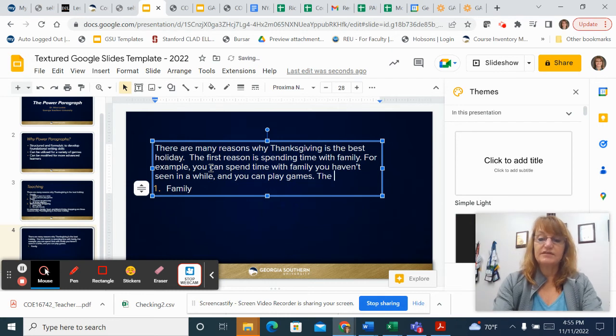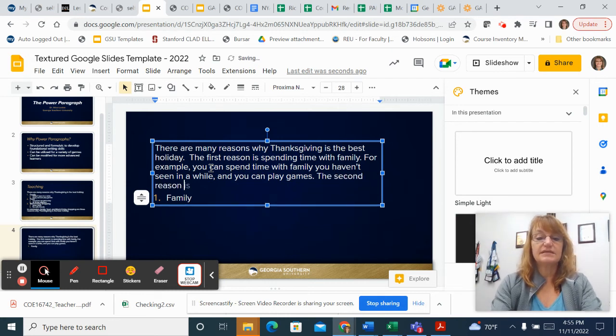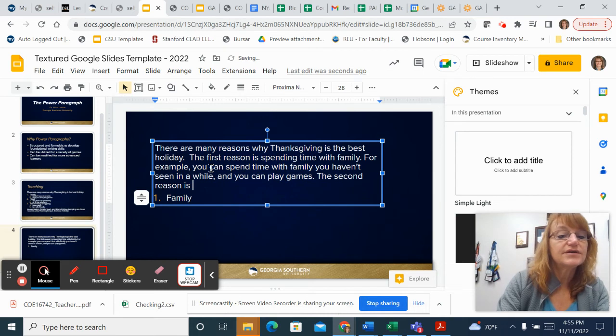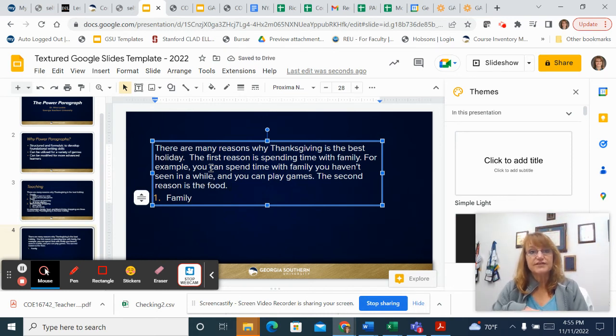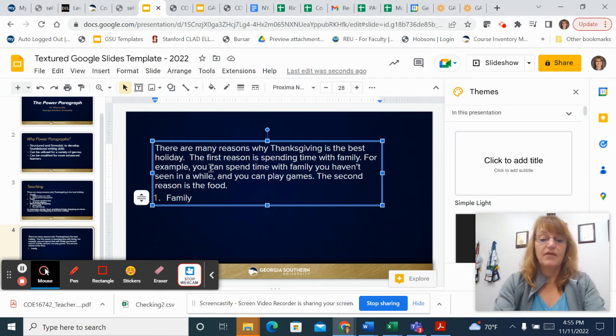And then I start the second reason is food. Now, again, with my more advanced students, I would say the second reason is all of the delicious and amazing food, right? And then I can put another transition there, and so on. So you see how you can add and expand the words that they use based on their proficiency in literacy and language levels.